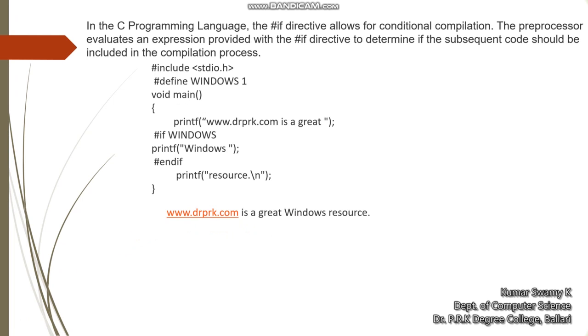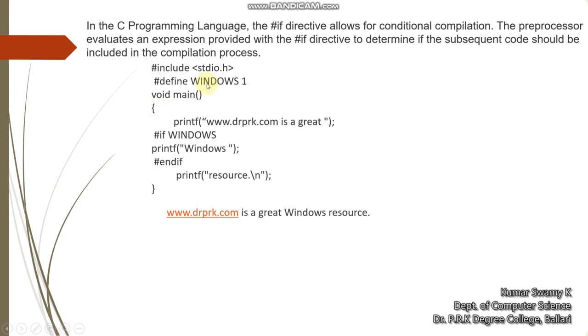Next, let us look at the #if macro. The #if directive allows for conditional compilation: the preprocessor evaluates an expression provided with the #if directive to determine if the subsequent code should be included in the compilation process. Let us look at this program.